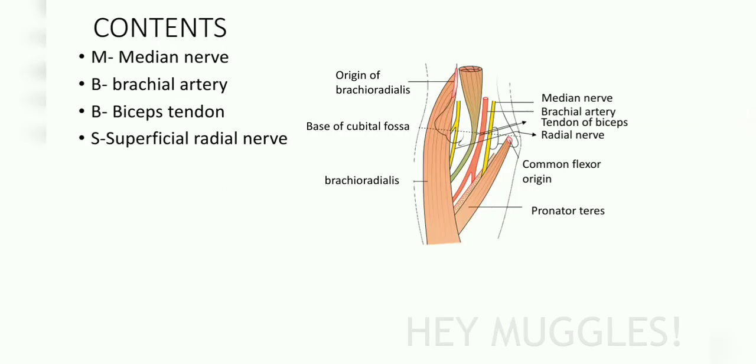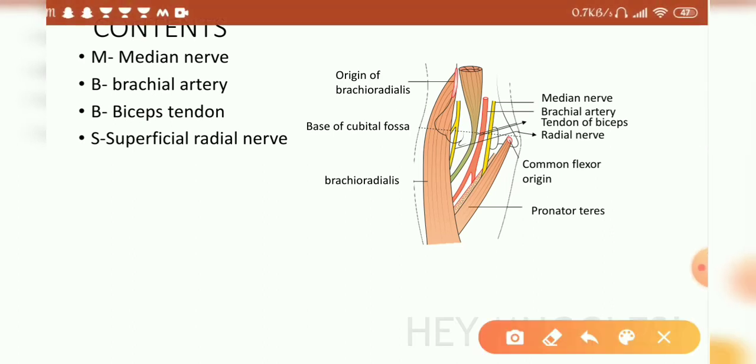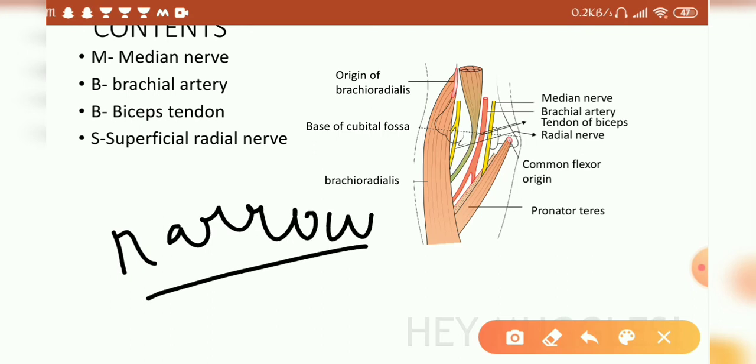Coming to the contents of cubital fossa. Cubital fossa is actually a very narrow space, right? It is a very narrow space and the contents can only be visible if we flex our elbow and its margins are pulled apart, right? Then only the contents could be visible. And when we move from the medial to lateral side, we can remember the contents by an acronym, your MBBS, right?